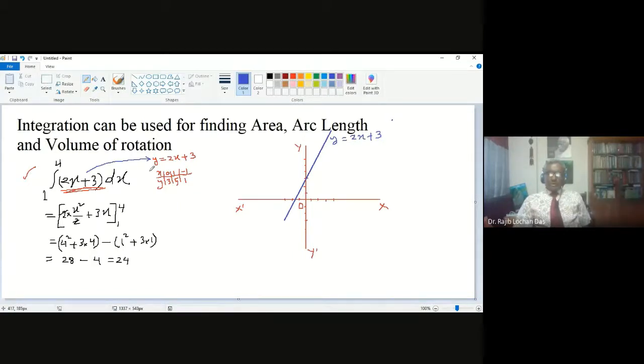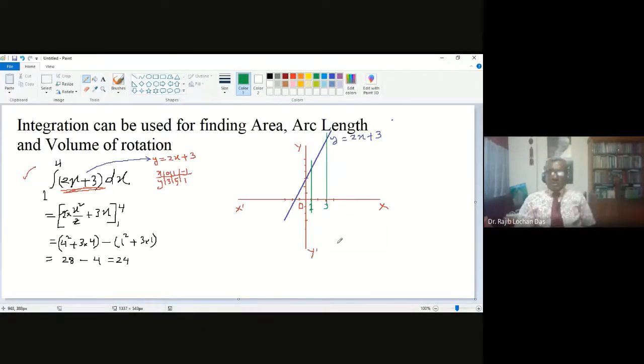So you can find the range of values here. x will be 1, this is the lower boundary, and x will be 4, this is the upper boundary, on the x-axis. So let me just draw two vertical lines. One goes over the point x equals 1. Another is x equals 4.